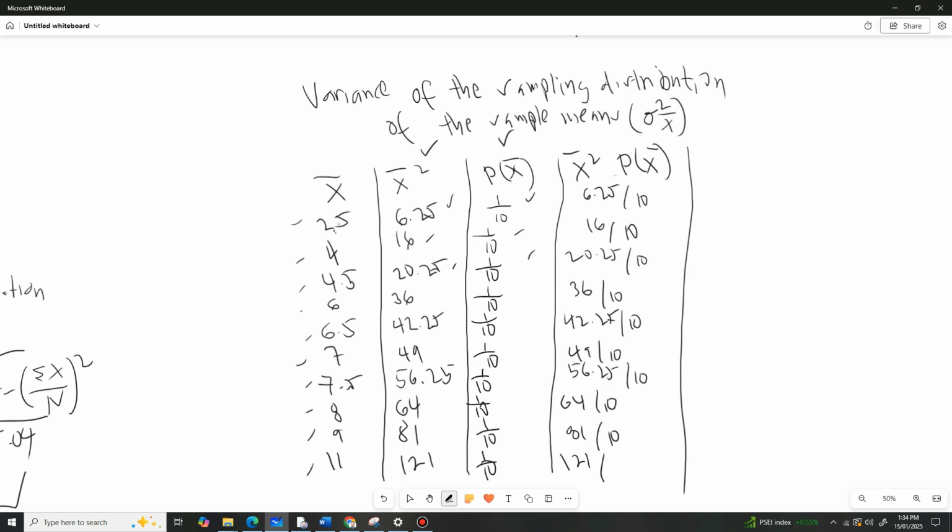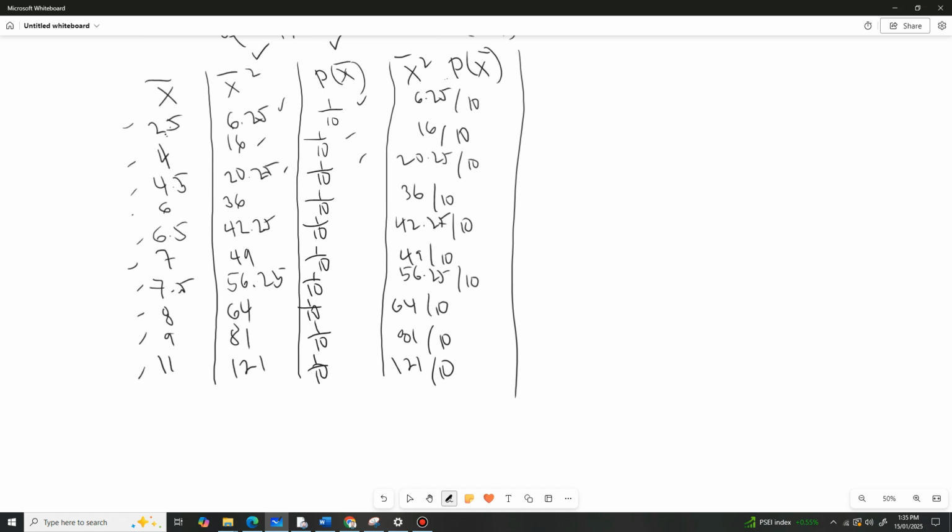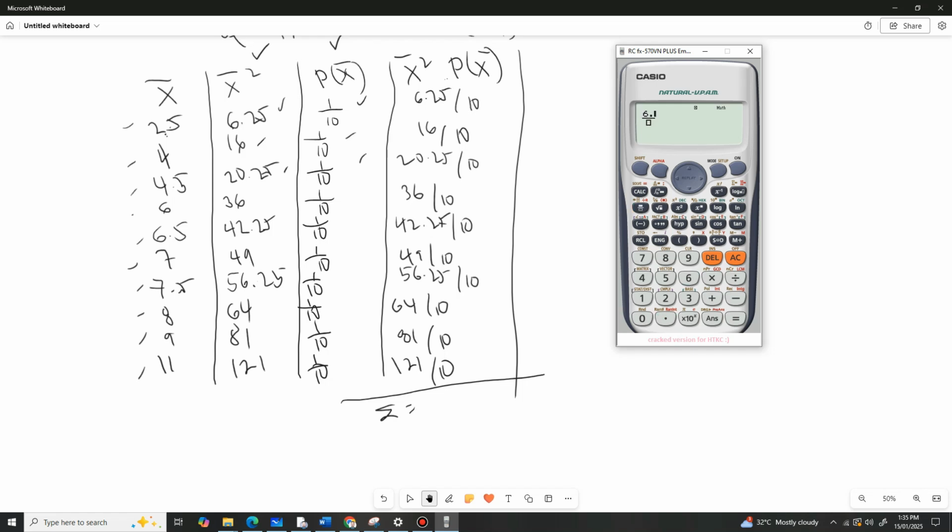For our next step, we will get the sum using our calculator. 6.25 plus 16 plus 20.25 plus 36, and so on, divided by 10 will give us 49.2.